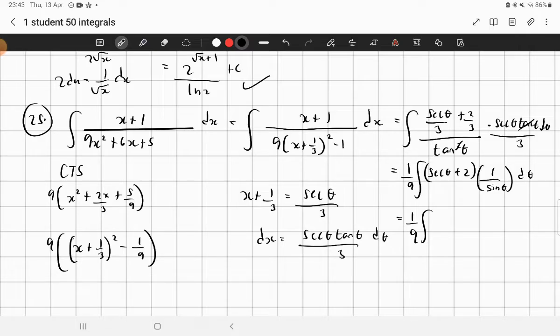Wait, this is cotangent. What am I doing? It's not 1 over sine theta. Yeah, it is. Cotangent, cosine, yeah, 1 over sine theta.